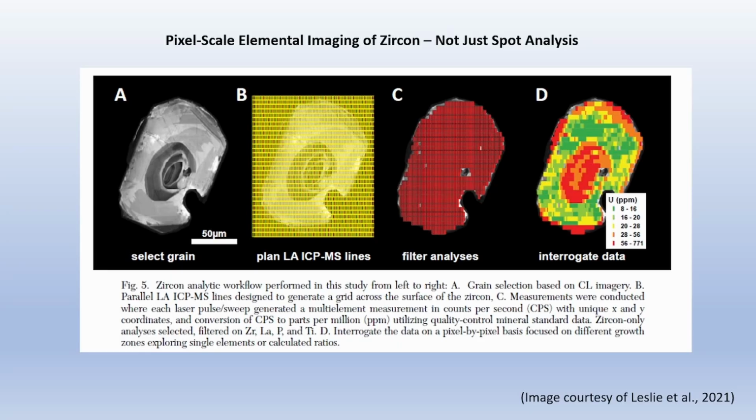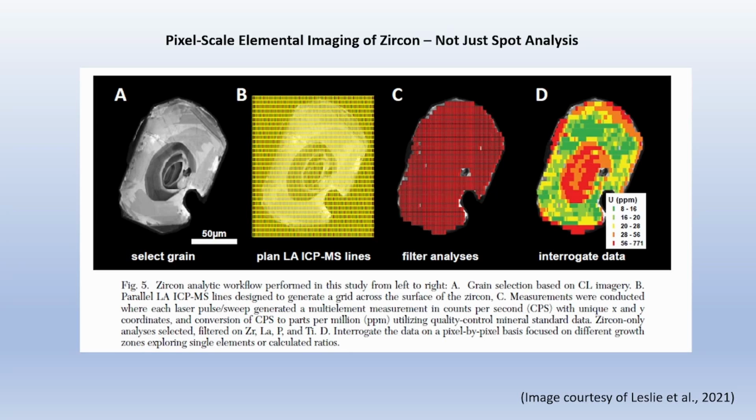And the last key feature in these images is that we have complex CL zoning, cathodoluminescence zoning, and patchy growth domains in panel A. The CL image shows oscillatory and sector zoning, but also patchy textures, including embayed growth zones and potential resorption surfaces.